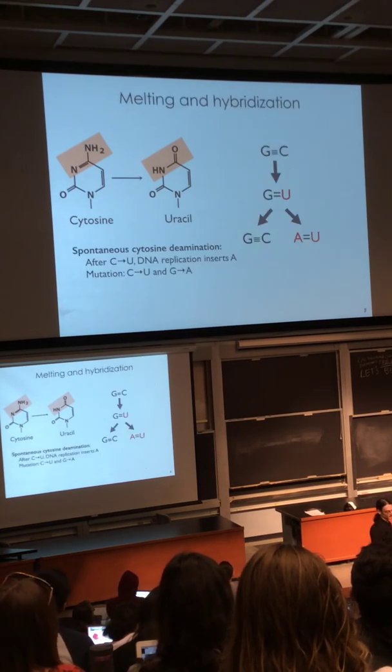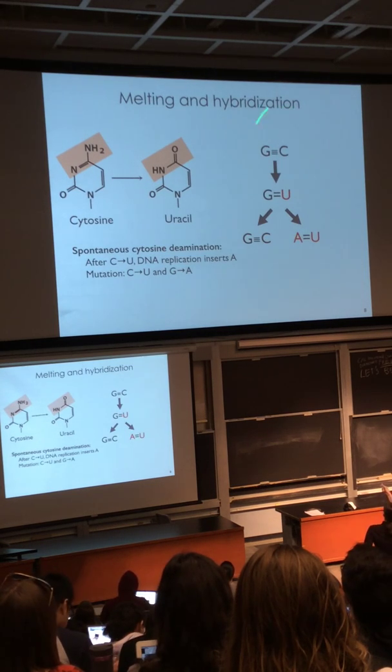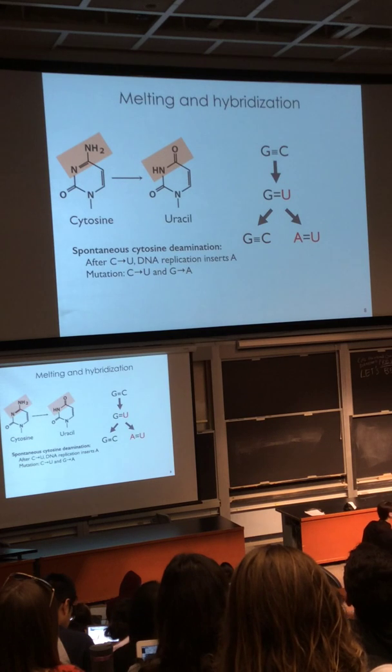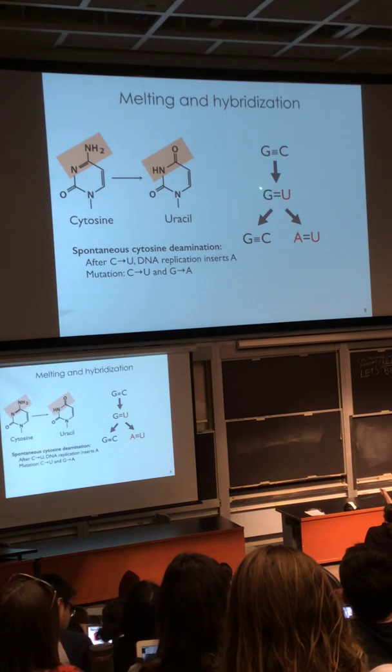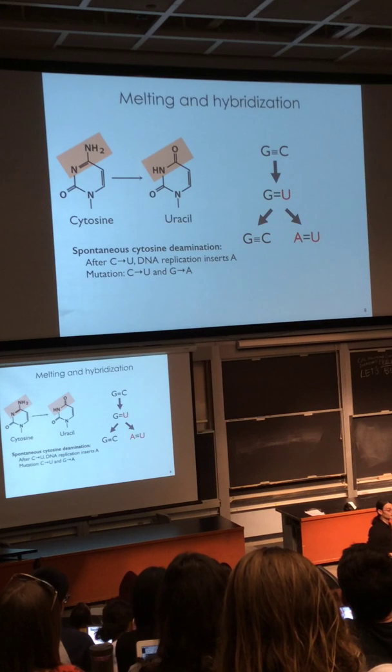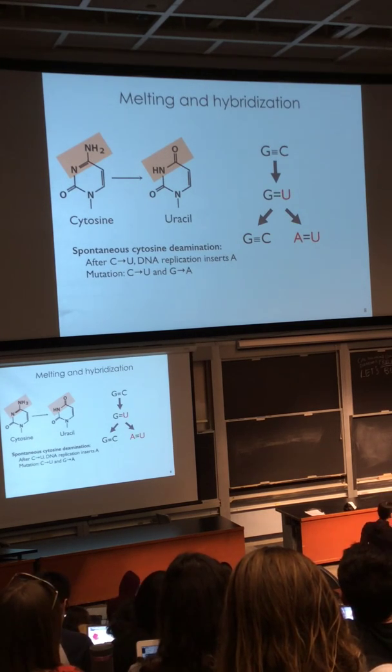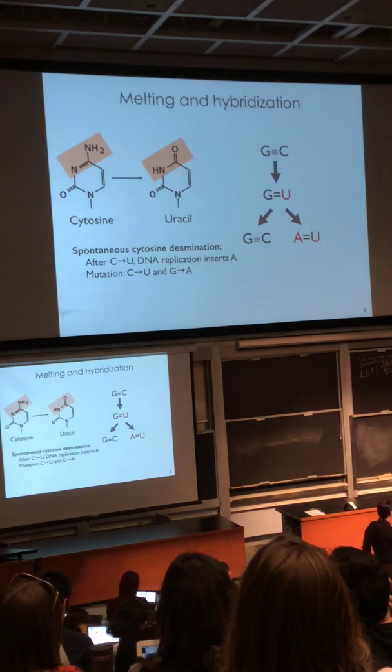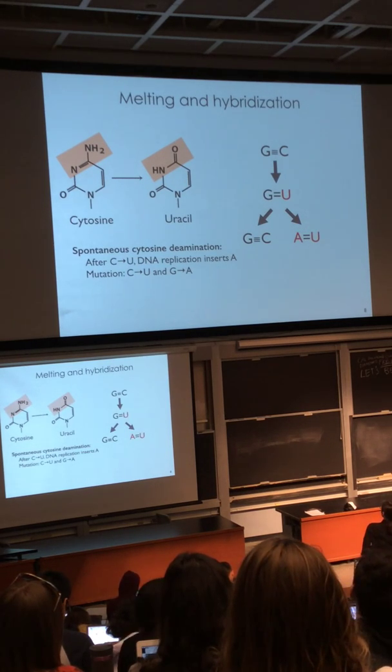And the effect of this on the cell is that if you had a GC base pair, that GC base pair would at some very slow rate become a GU base pair. Then after DNA replication, of course, the G would still pair with the C, and so one daughter cell would get an unmutated copy of this gene, but this U would actually prefer to pair with A. And so in fact, an A is inserted there.